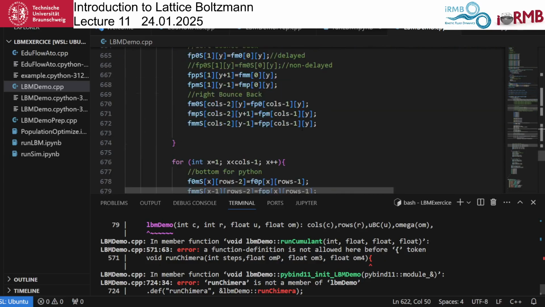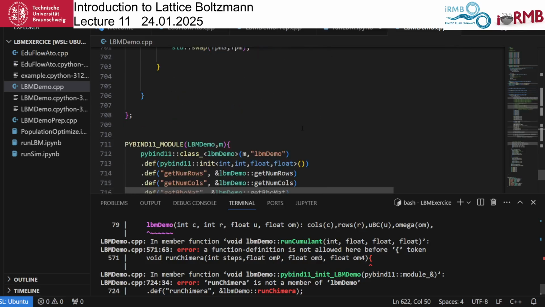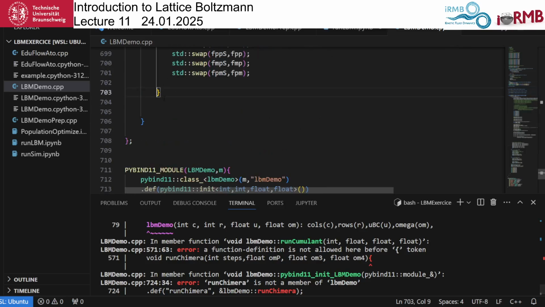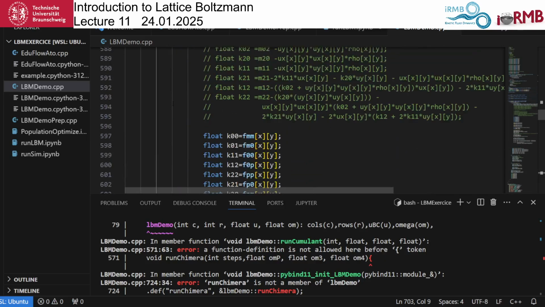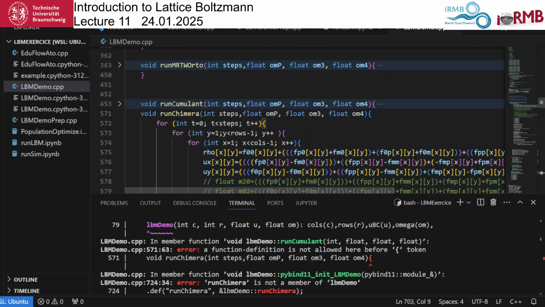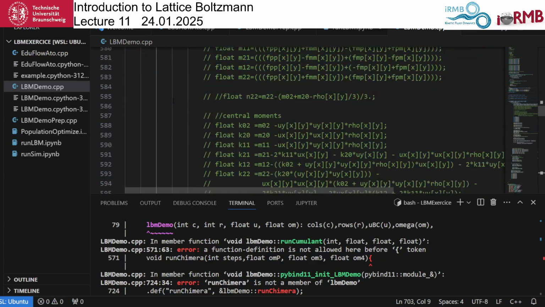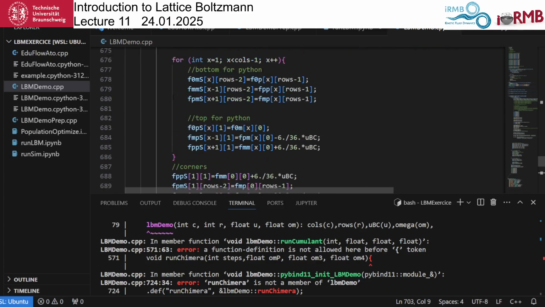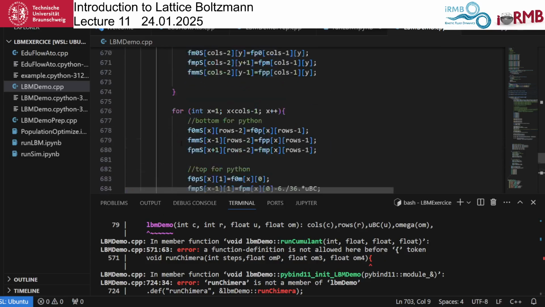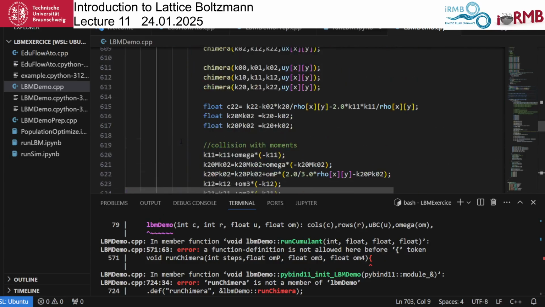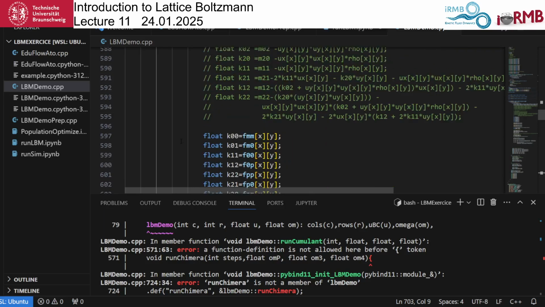There needs to be something wrong with the brackets. But this looks right. What is the line 571?